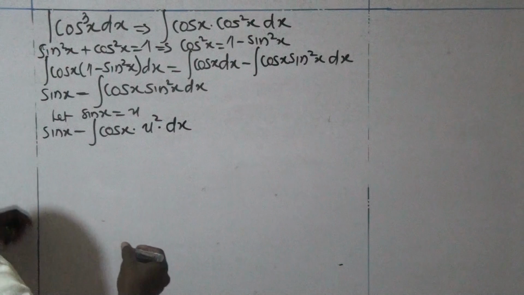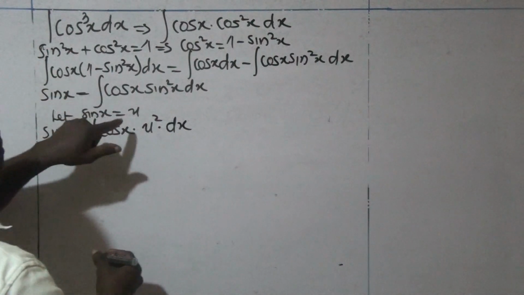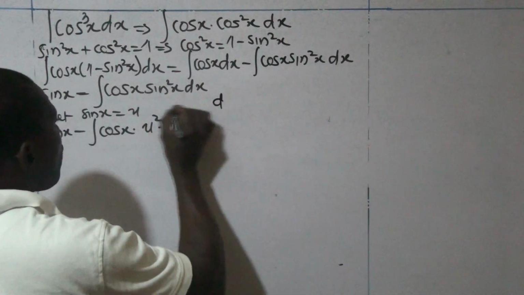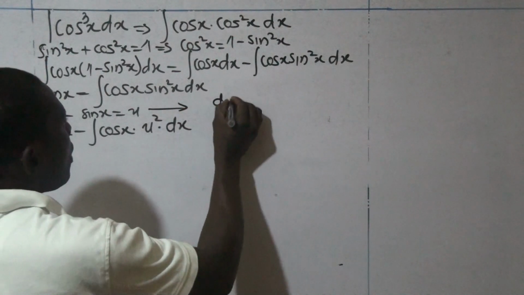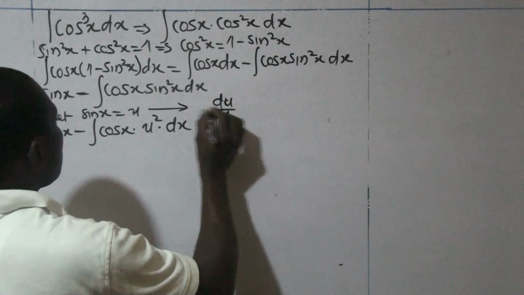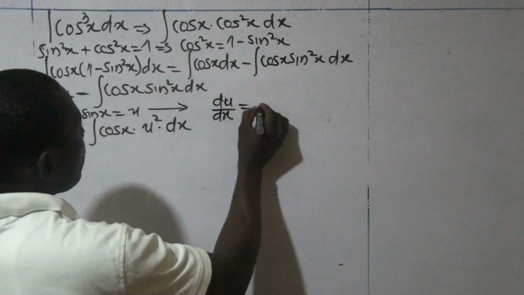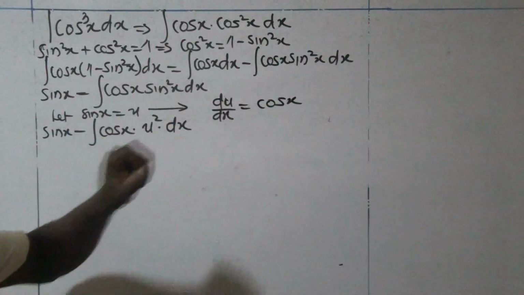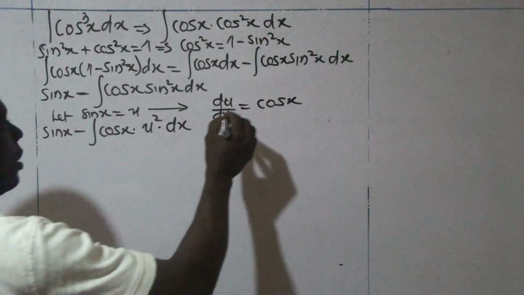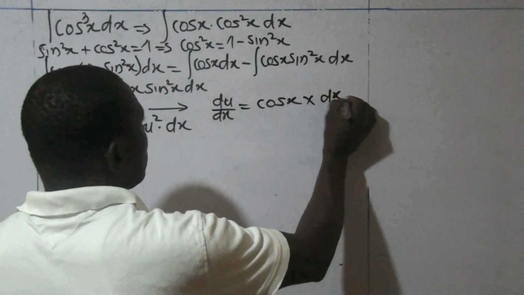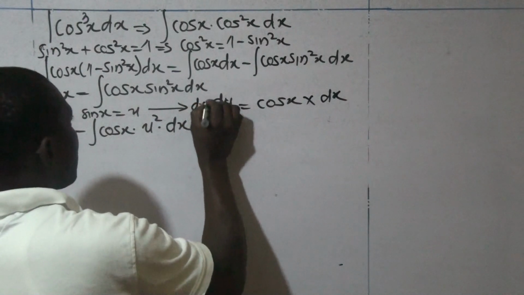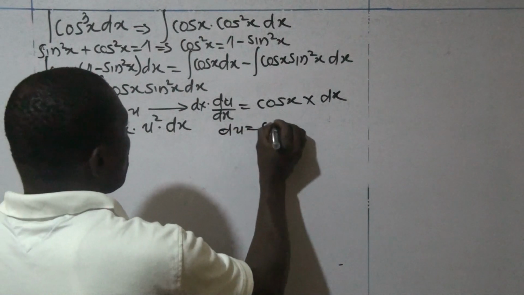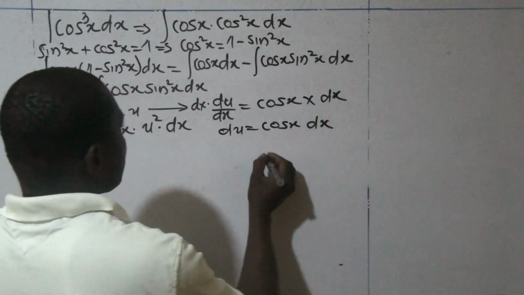What next is that we will find the derivative of u with respect to x. So this implies that we look for du over dx of sine x, and this will give us cos x. Here we'll make dx the subject of the formula. By so doing, we multiply both sides by dx, and this becomes du is equal to cos x dx.